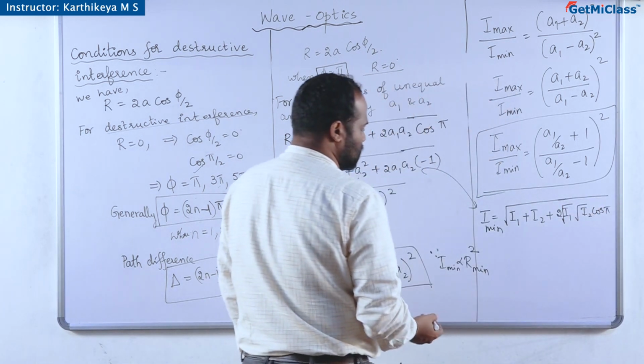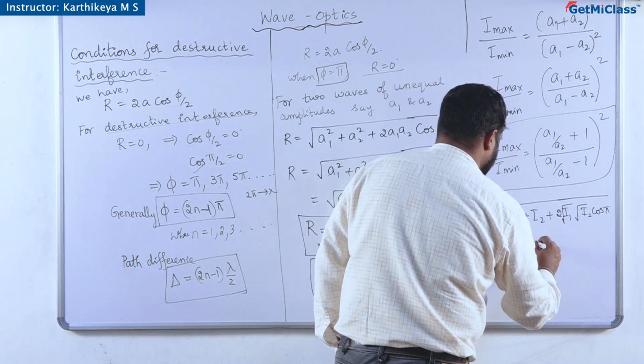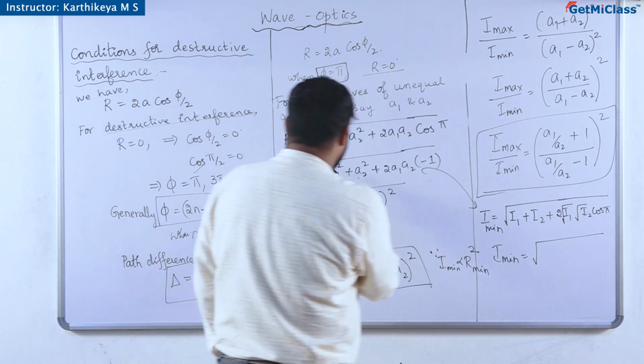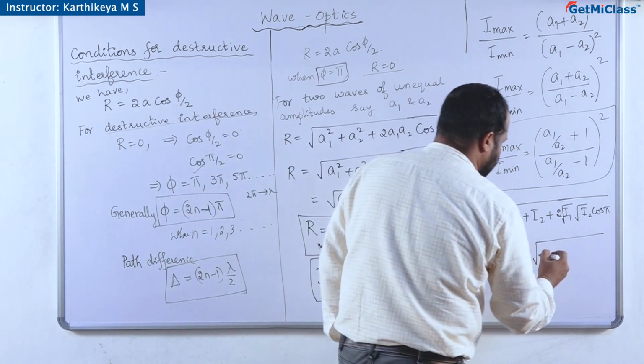A1 square corresponds to I1, A2 square corresponds to I2.